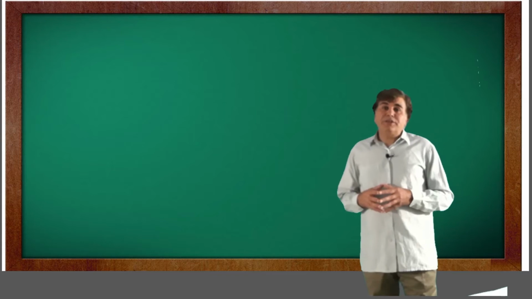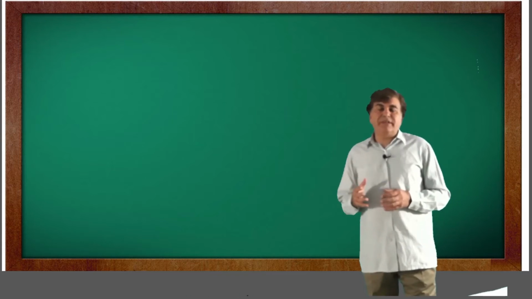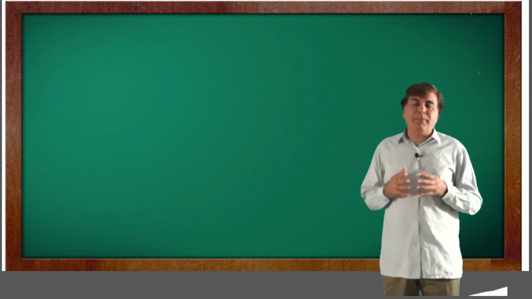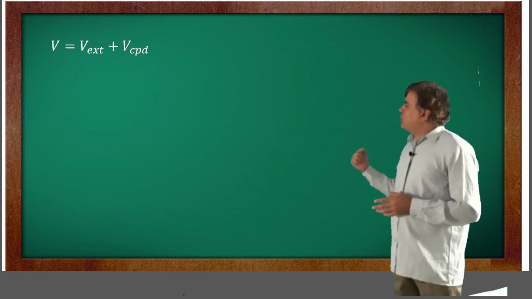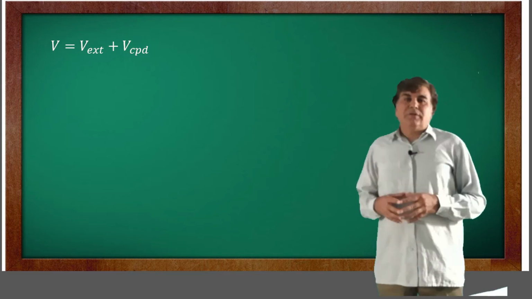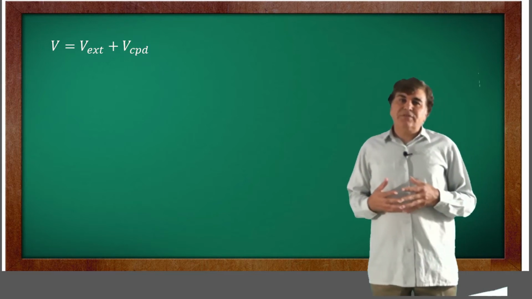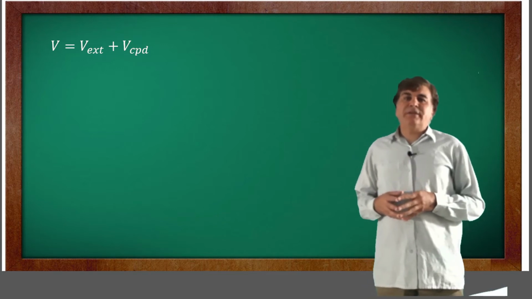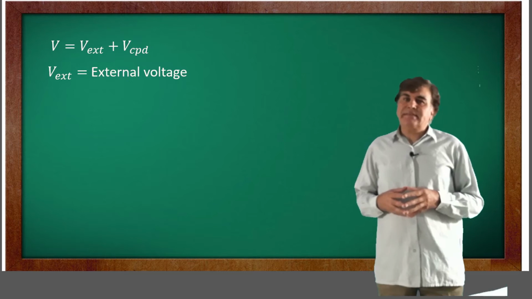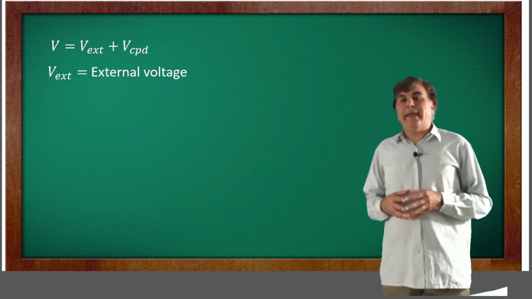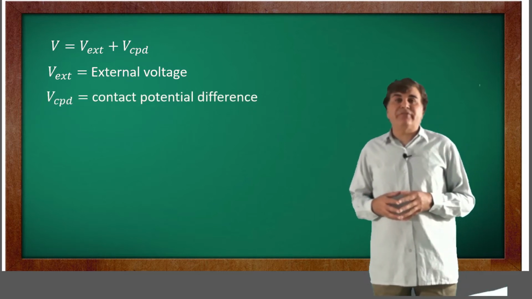It is very important to note that the potential difference between the collector and emitter is given by V equals V sub ext plus V sub cpd, where V sub ext is the external voltage applied to the source, measured by the voltmeter, and V sub cpd is known as the contact potential difference.